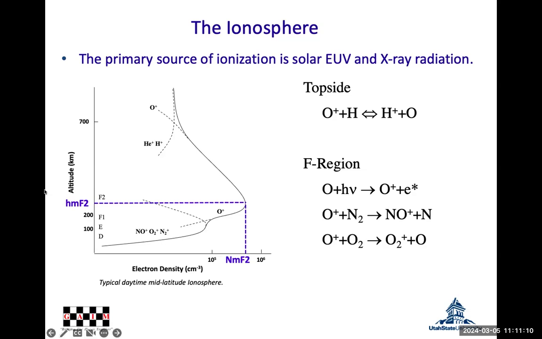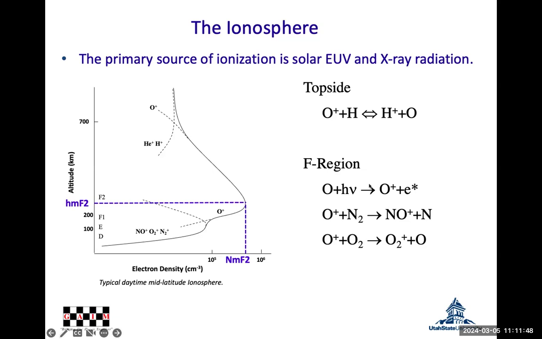In the F region, so we're now in the region of hmF2, let's say 200 to 500 kilometer altitude, it's simply that we have atomic oxygen that was created from photodissociation of molecular oxygen that gets photoionized to create O+. And of course, an electron comes out that has some excess energy, a photoelectron that can do further ionization. But this is the main process.